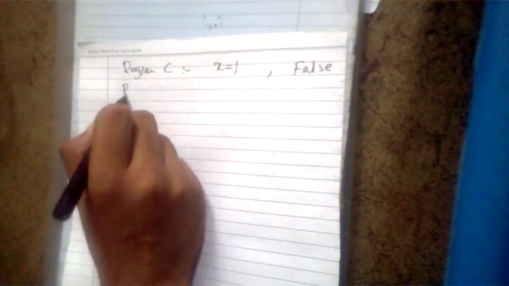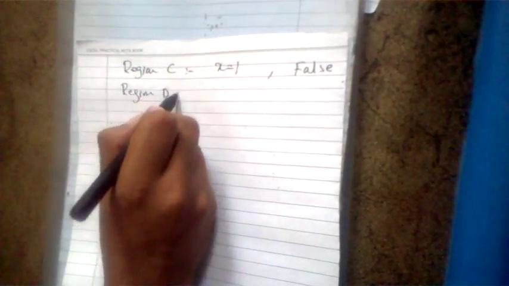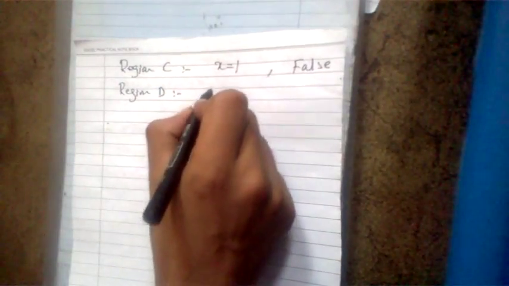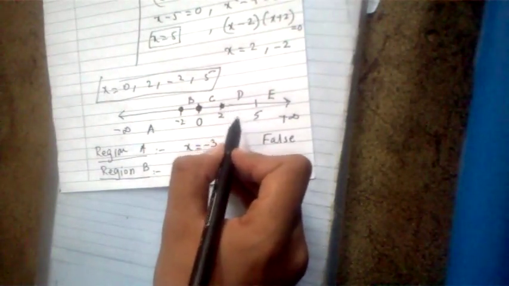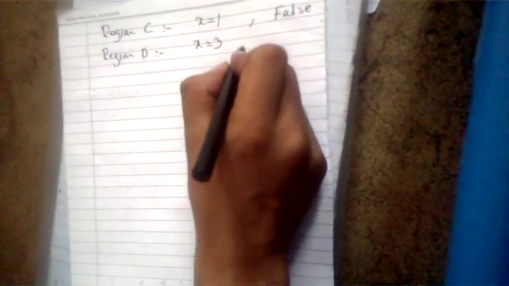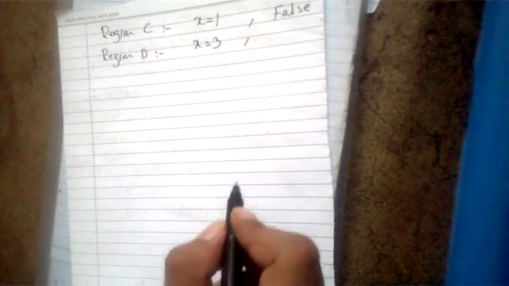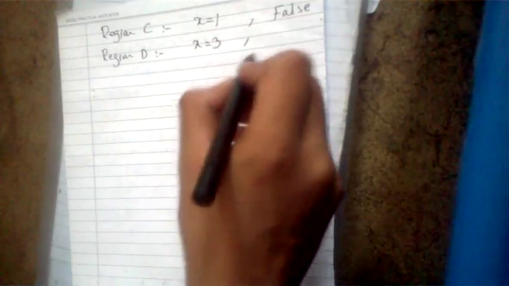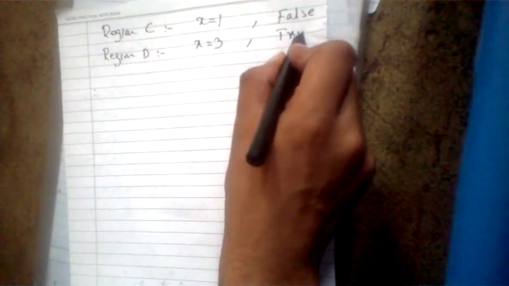And then region D, one of the test points in this region is x is equal to 3. As can be seen, it is from 2 to 5, therefore x is equal to 3 is in this interval, and upon substituting it into your inequality, it proves to be true.